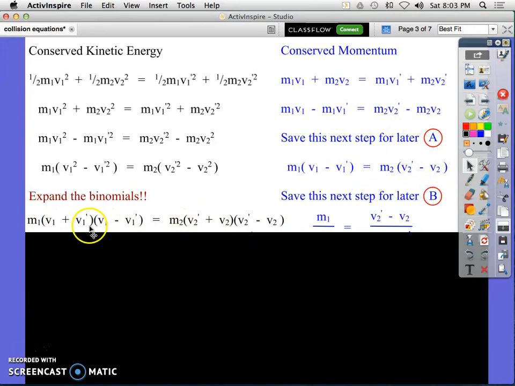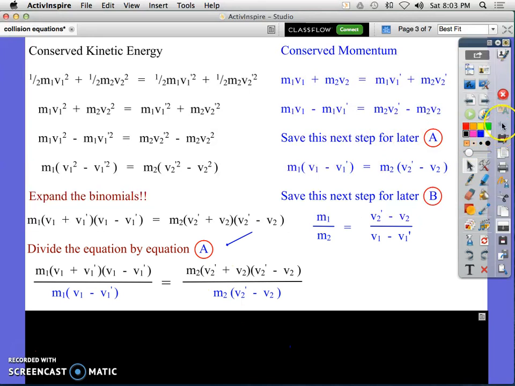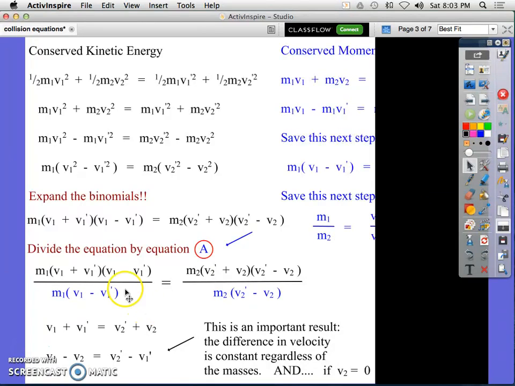So I now have two equations that I can divide by these terms. I'm going to take this equation A, move it over here, put it underneath, and divide it. I'm left with v1 minus v1 prime equals v2 prime minus v2.